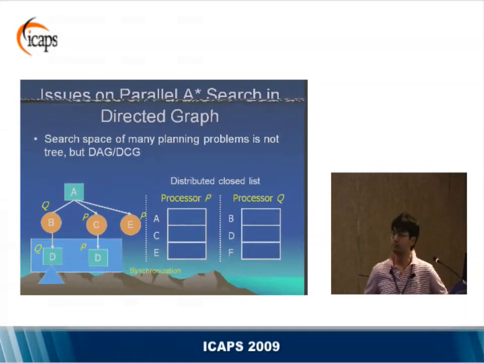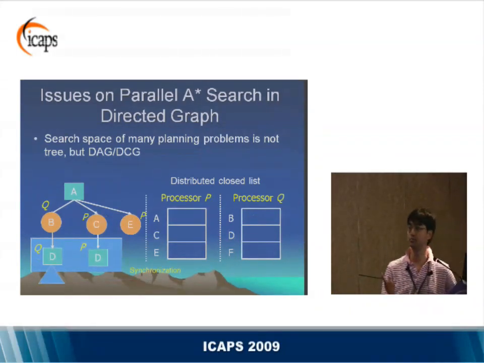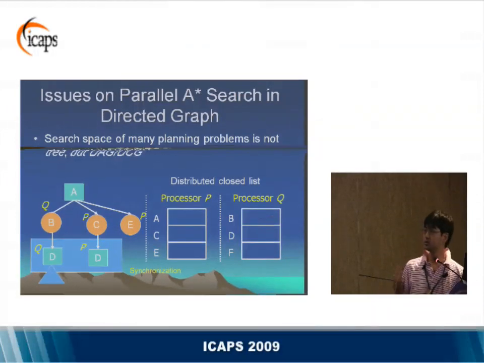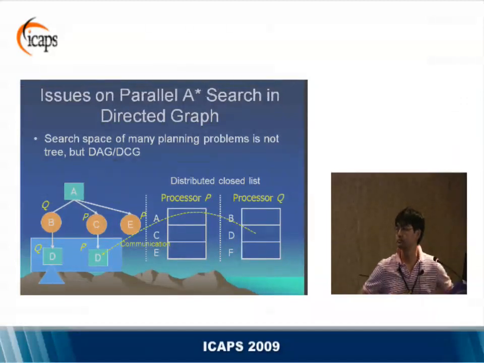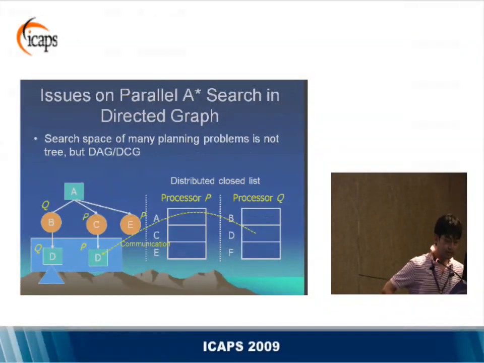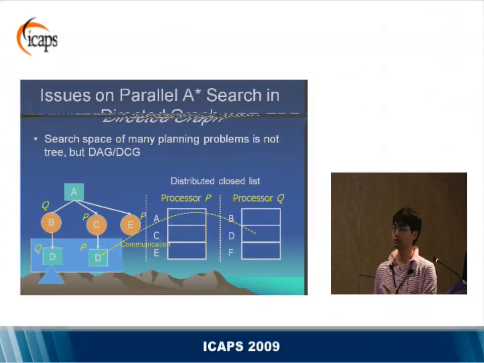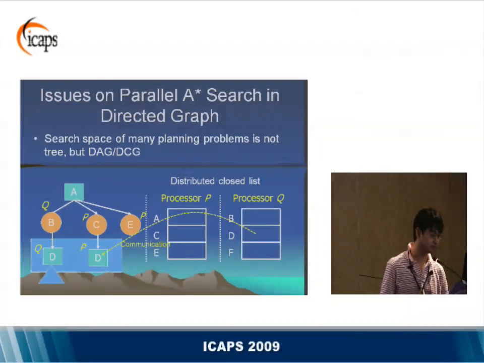And by the time the information on D comes back to P, processor P must wait, which incurs synchronization. And processor Q occasionally checks whether this kind of message arrives, and if it receives one, sends information back to P, which needs another communication. So in summary, this approach needs two communications, and also we need to wait, which degrades the performance of the parallel search.